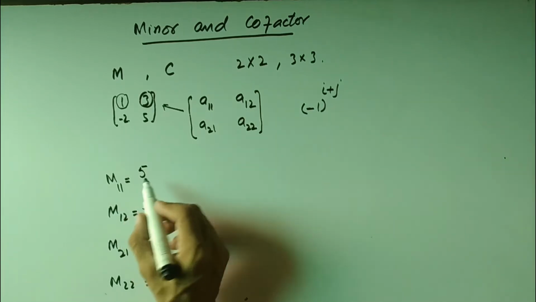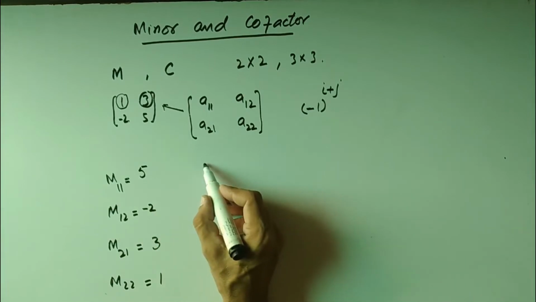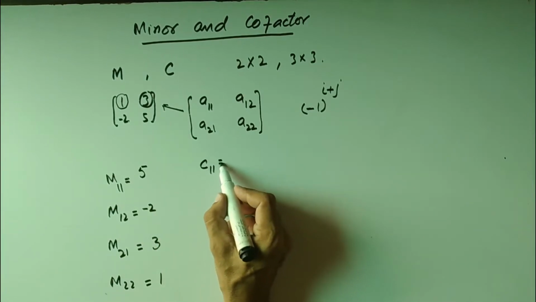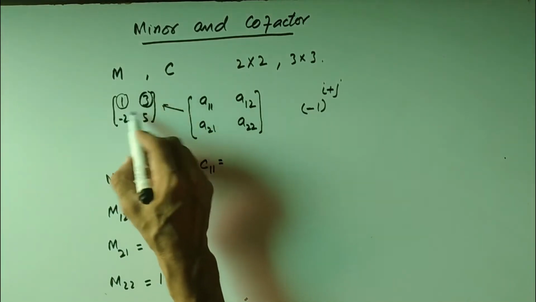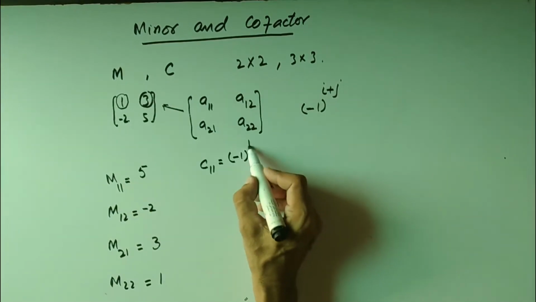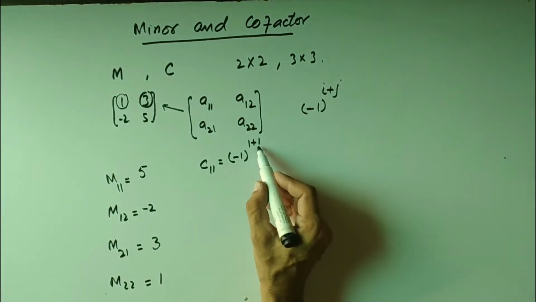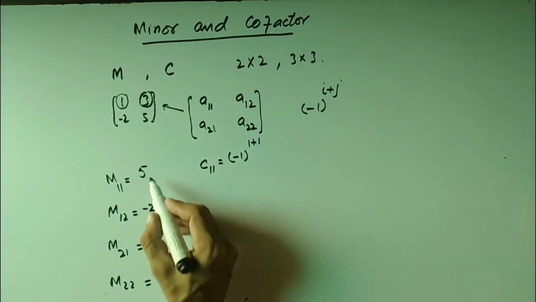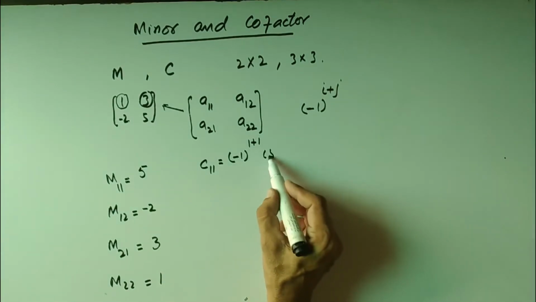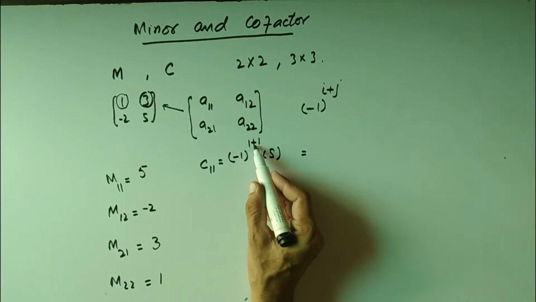So when we solve the cofactor C11, that is minus 1 power 1 plus 1, first row first column added, and the answer of the minor is 5. This will be positive, so 5 will be the answer.